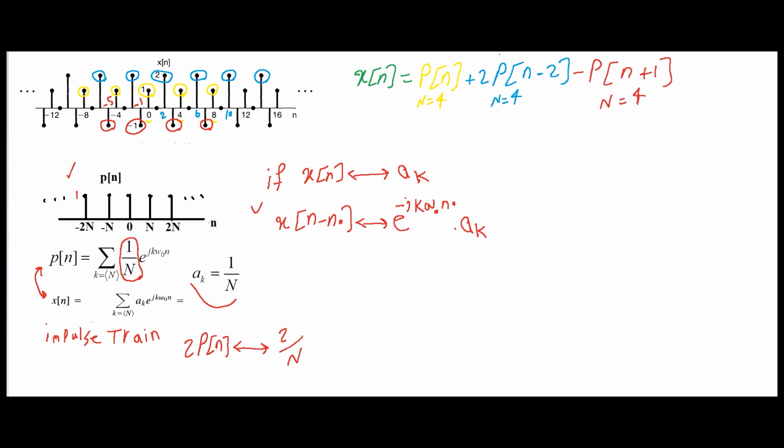Now we compute the Fourier coefficients. For the basic impulse train, the coefficient is 1 over 4. For the shifted term 2Pn minus 2, we have n0 equals 2.